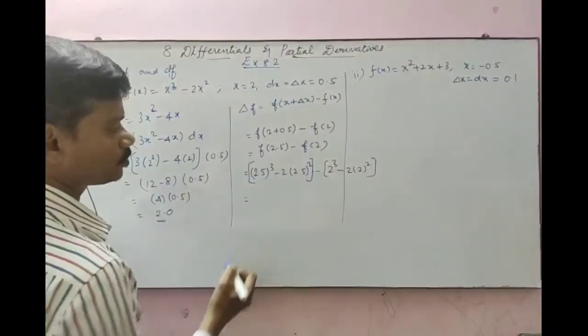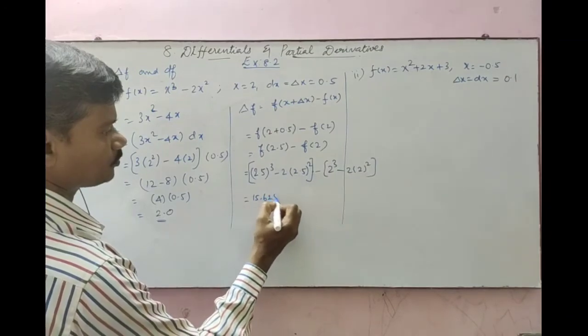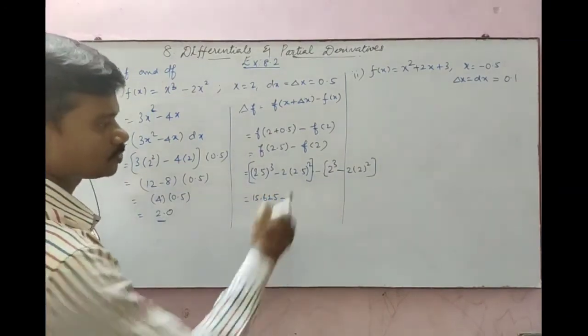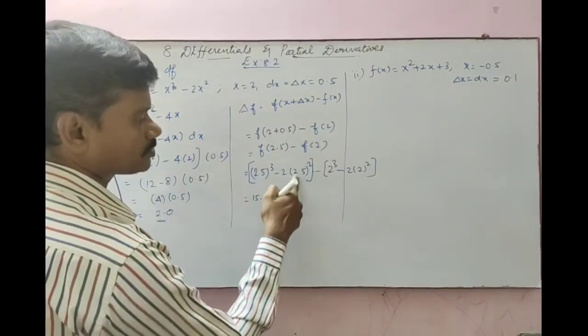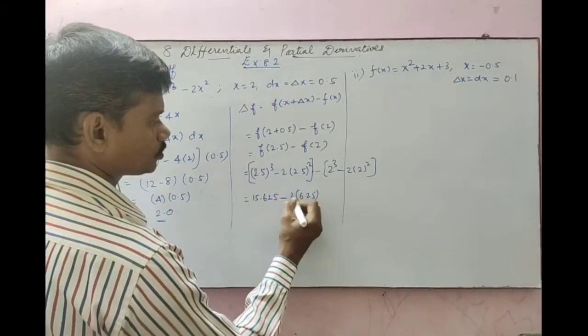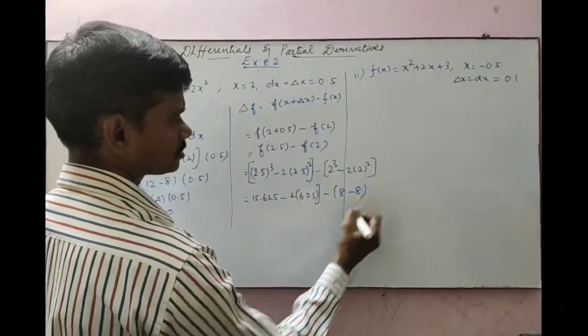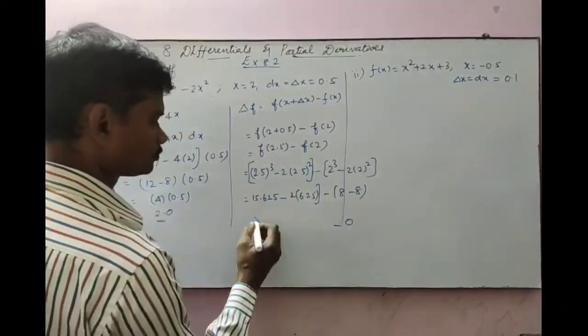So 2.5 cube gives 15.625 minus 2.5 square. 2.5 square is 6.25. 6.25 into 2 minus 2 cube is 8. Here also 8. So 8 minus 8 gives 0.